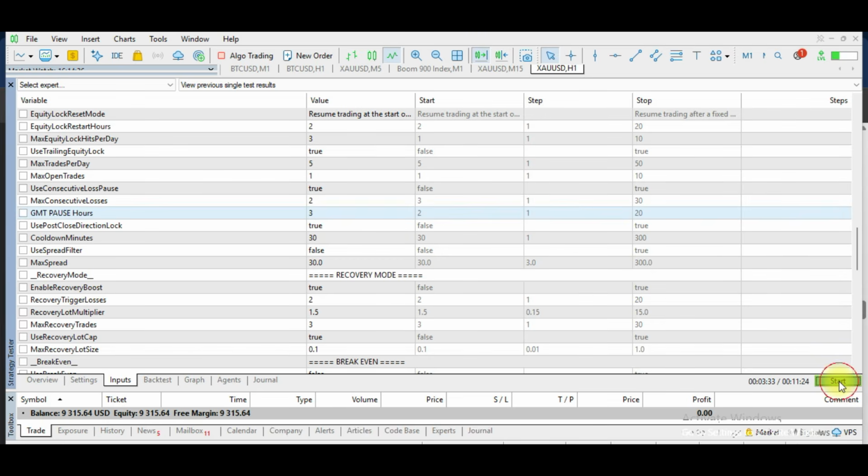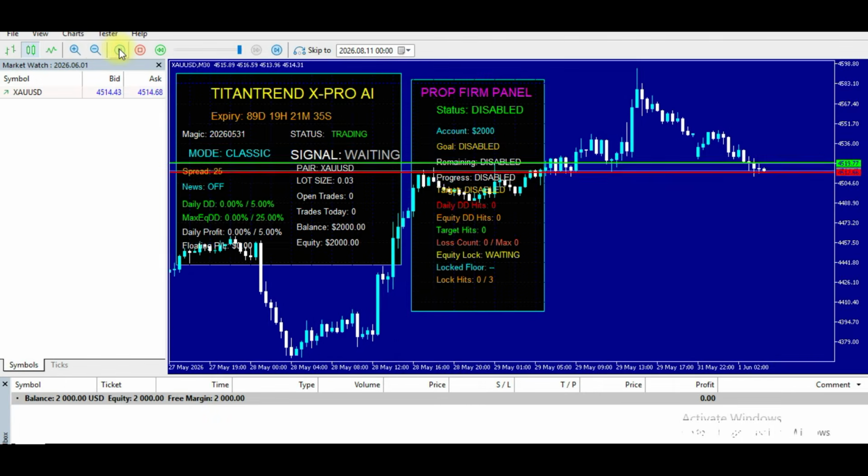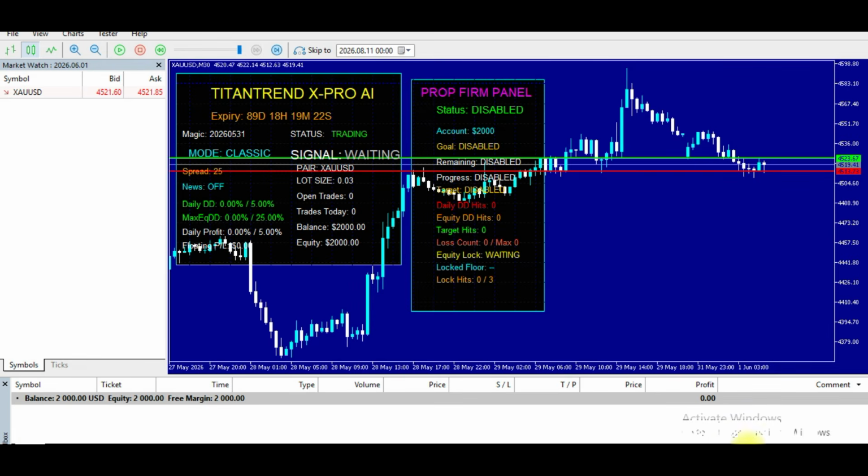Let's go. Okay, when you look here right now, you will see lock floor. Equitylock waiting is waiting because it has not yet started locking. You understand?